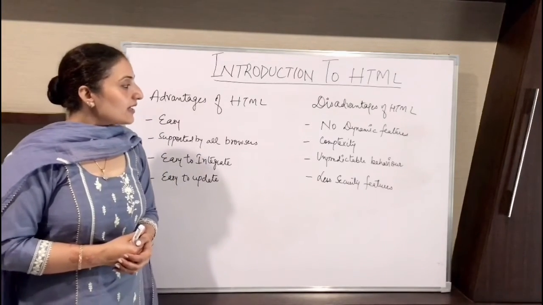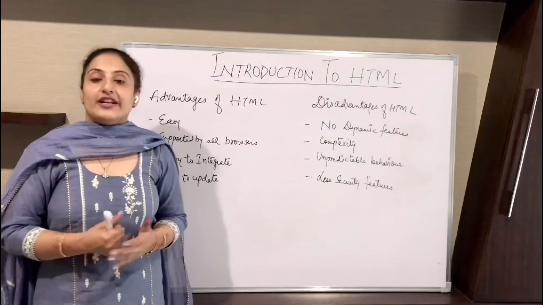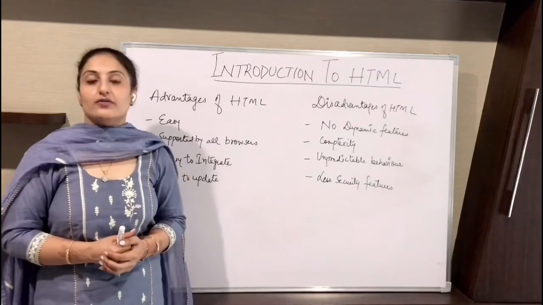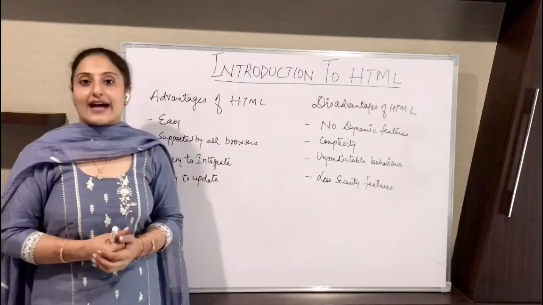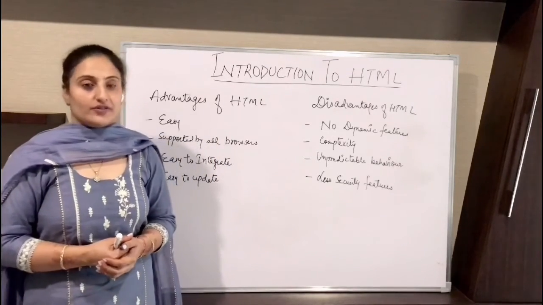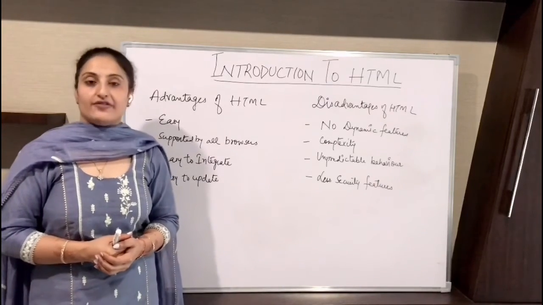Second is complexity. Whenever you want to write a lengthy code for a page, then you need to use a lot of tags which unnecessarily increase the complexity of the page. Next is unpredictable behavior.